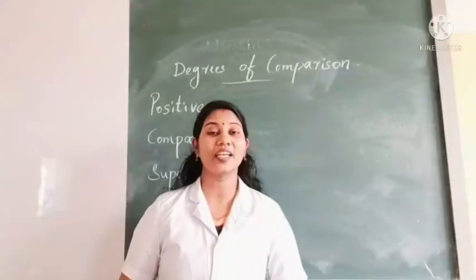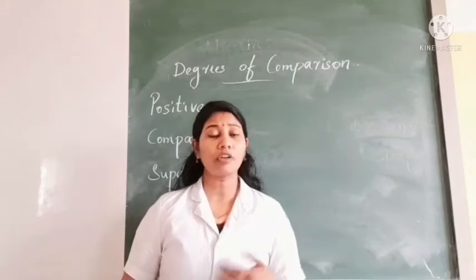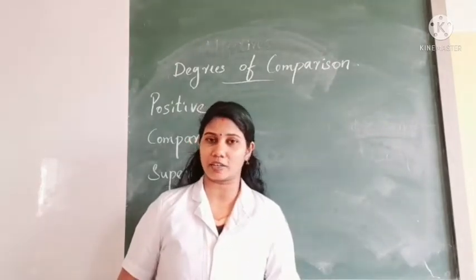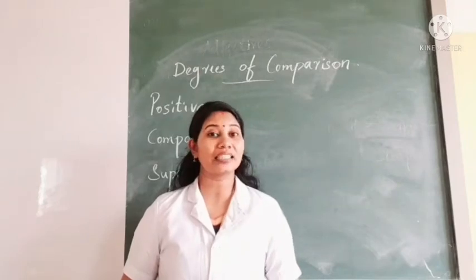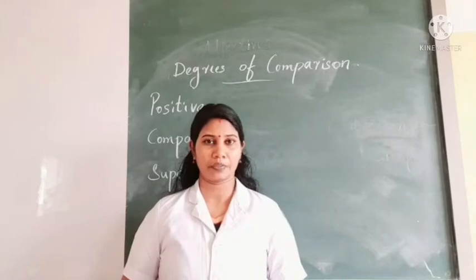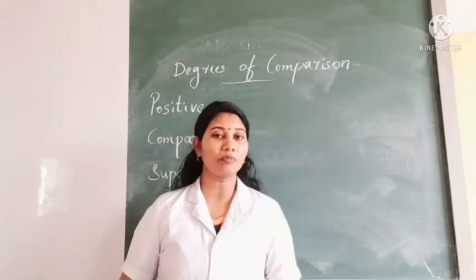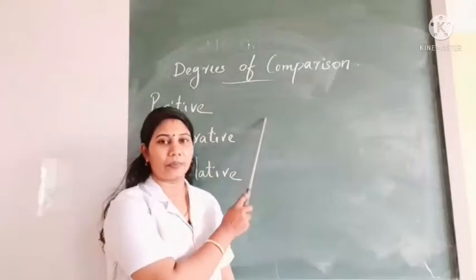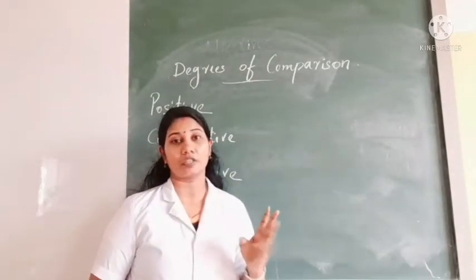Let's discuss the topic degrees of comparison. When we want to compare two or more nouns with the same characteristics or attributes, we have to change the form of adjectives to show the comparison. The different forms of adjectives are known as degrees of comparison. There are 3 degrees of comparison.